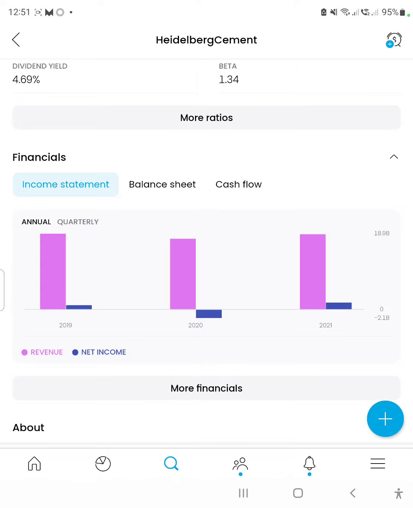I assume this was reflected in the stock price being reduced quite significantly, but it managed to bounce back in the 2021 financial year with an increase in revenue, not by too much, but a decent amount, considering that the bar represents billions of euros. So even a tiny increase will represent hundreds of millions. The profit margin also managed to return to a positive figure, and it did a lot better than the 2019 financial year.